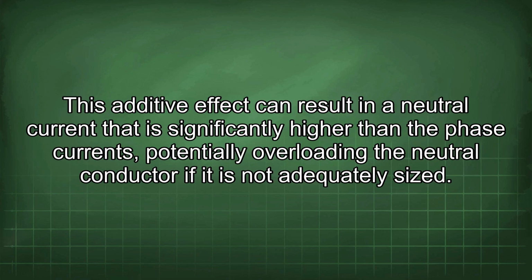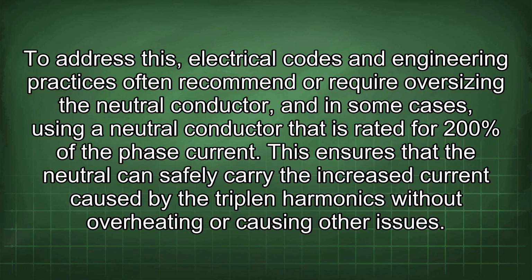This additive effect can result in a neutral current that is significantly higher than the phase currents, potentially overloading the neutral conductor if it is not adequately sized. To address this, electrical codes and engineering practices often recommend or require oversizing the neutral conductor and, in some cases, using a neutral conductor that is rated for 200% of the phase current.